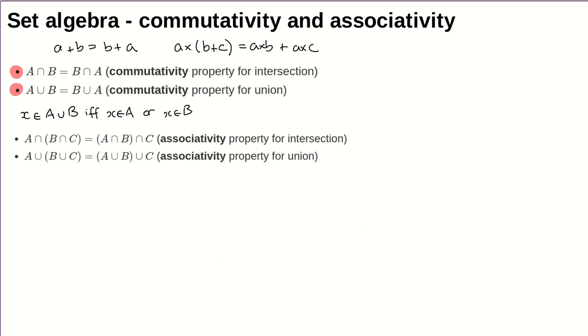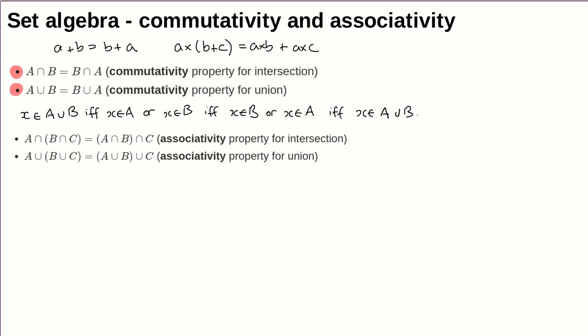And of course, for one or both of those statements to be true, it doesn't matter which way round we write them down. So equally, this is true exactly when x is in B or x is in A. Right, but that is, by definition, what it means for x to be in A union B.